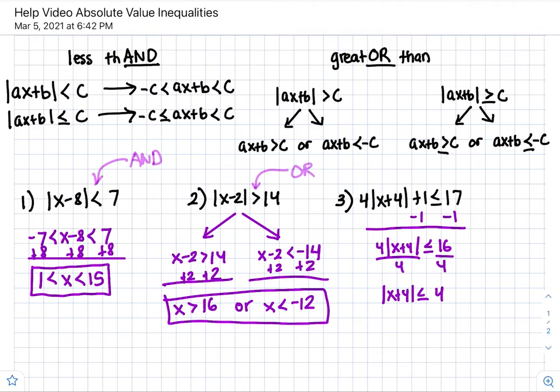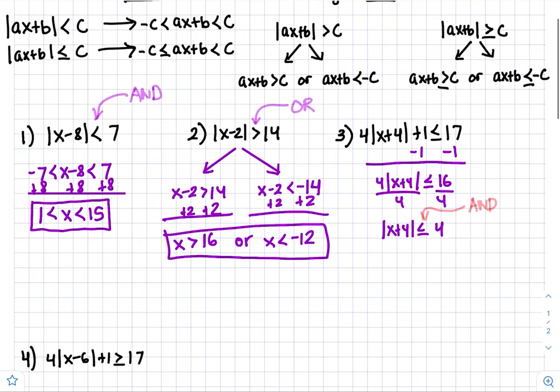Now, is the absolute value symbol isolated? Yes. So, this is a less than symbol, so it's an and statement, which means we have to use one of those, right? So, here's our c value. Opposite of that is -4, less than or equal to, drop the absolute value signs, less than or equal to 4.